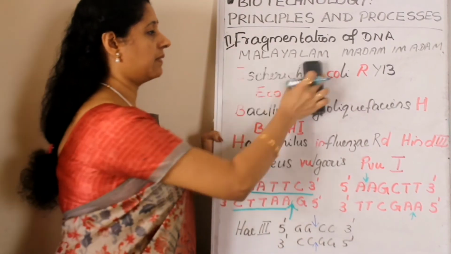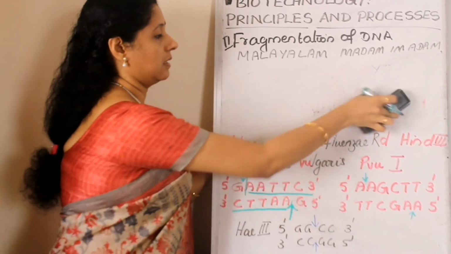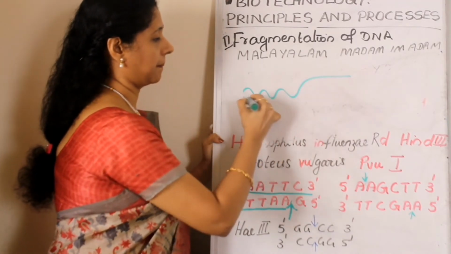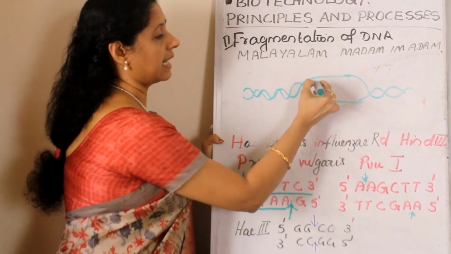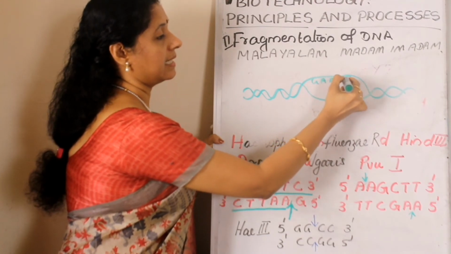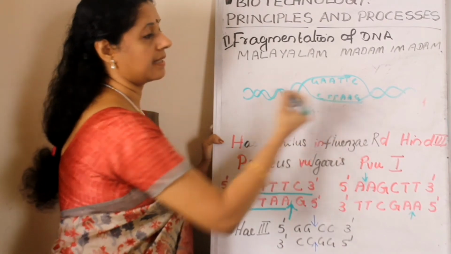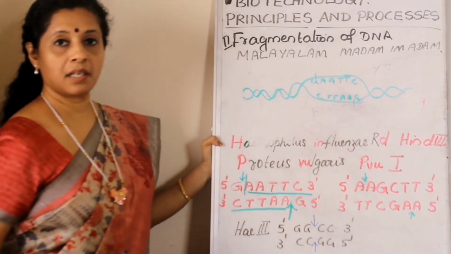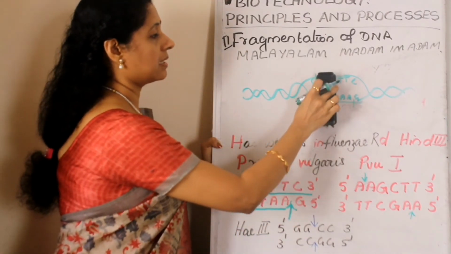How will we see that? For example, if this was the DNA, and this side had GAATTC, once this part is cut, what will happen? This part is cut off, right?